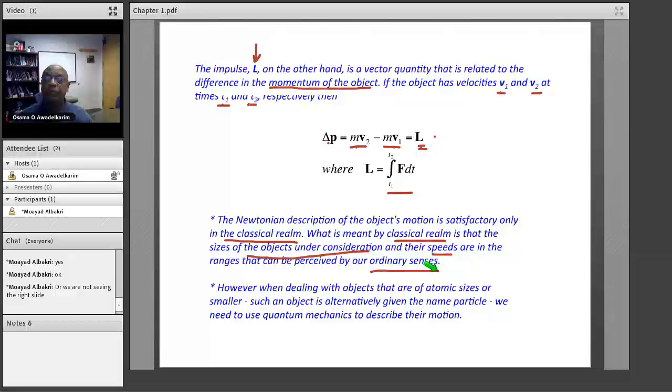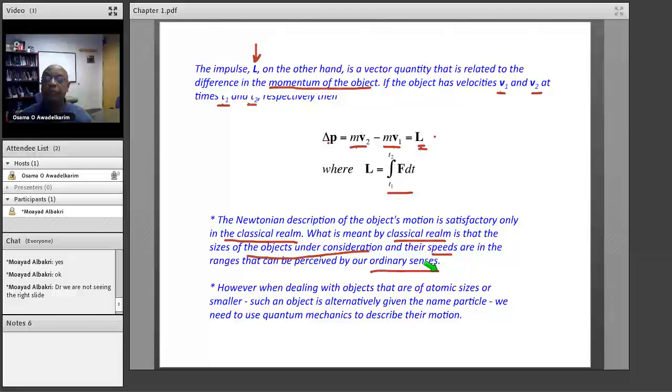trains, cars, aeroplanes. All these types of objects are objects that we can see and perceive, and these are large objects. These objects are moving at speeds that are, again, easily measured and perceived.